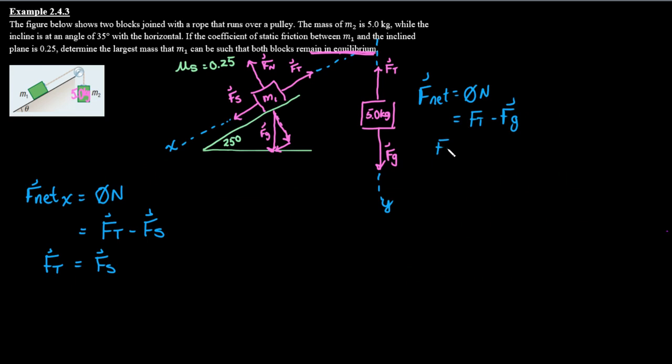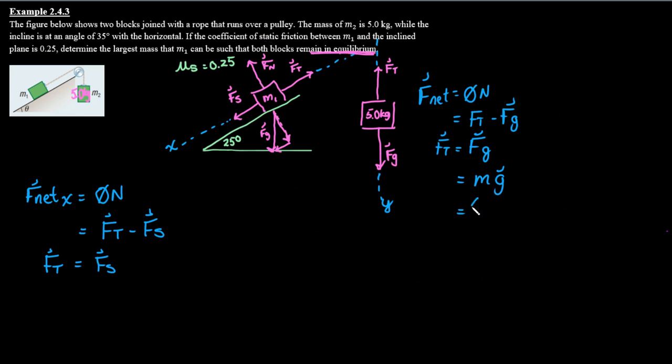So the force of tension in the rope is simply going to be the force of gravity that acts on that block. And we can actually go and solve for what that is. We know the mass, we know what gravity is, so we can solve for the force of gravity and therefore the force of tension in the rope.